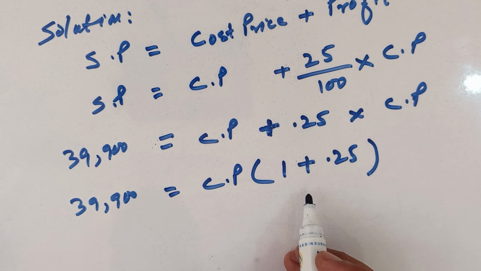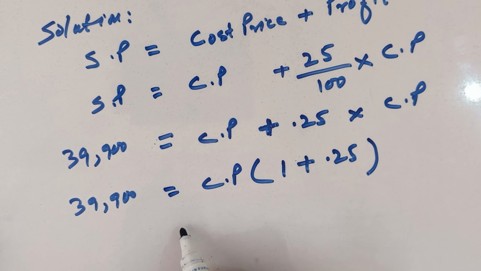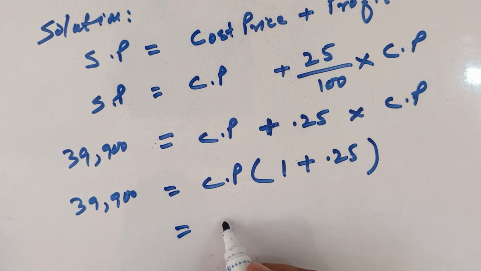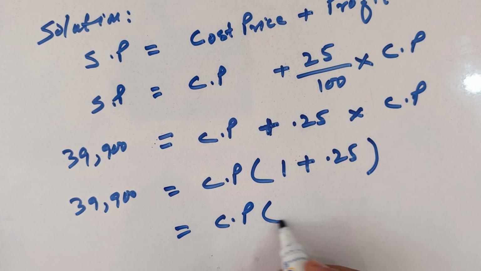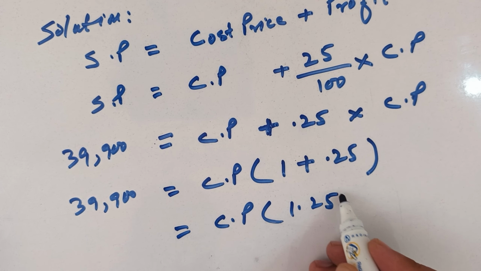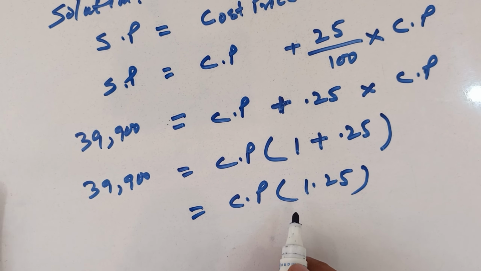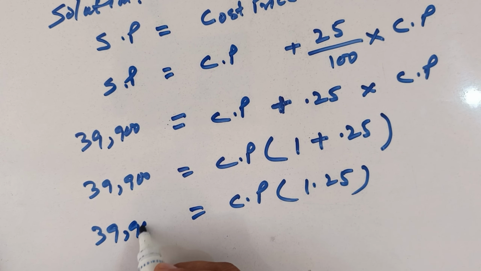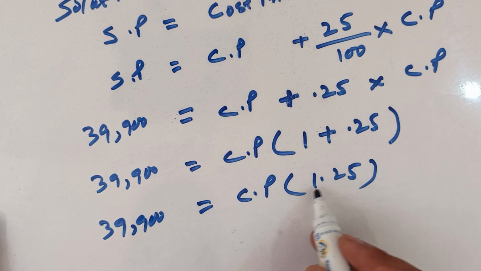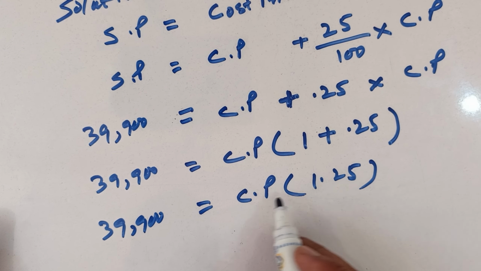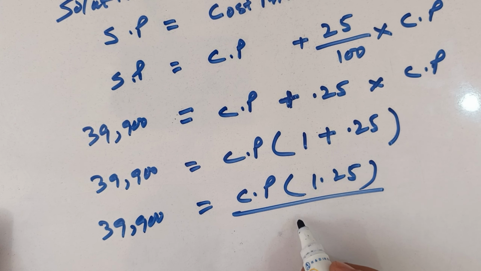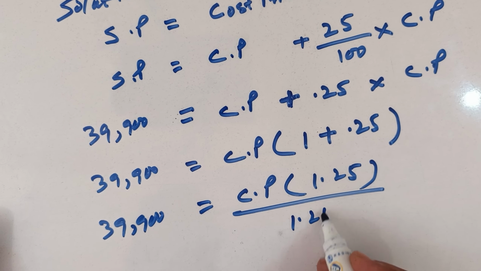Now 1 plus 0.25, we can say that it is C.P. into 1.25 and 39,900. Here 1.25 is being multiplied, and we can simplify by dividing by this 1.25.